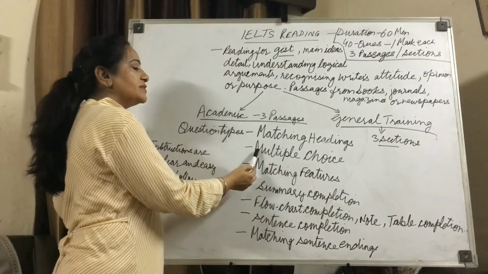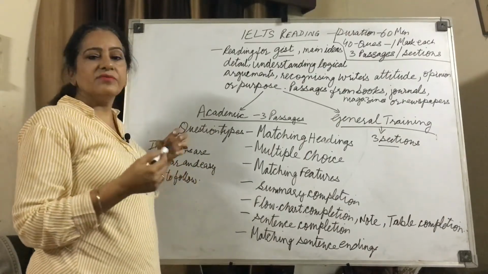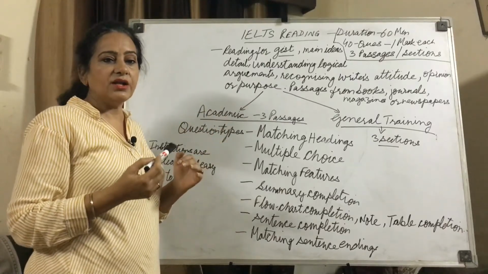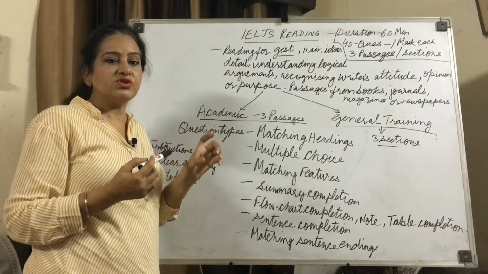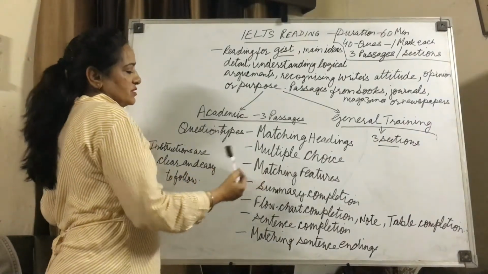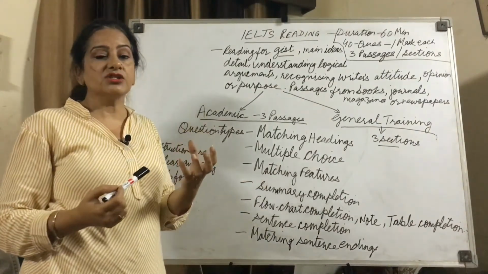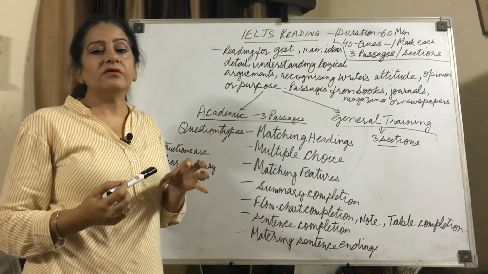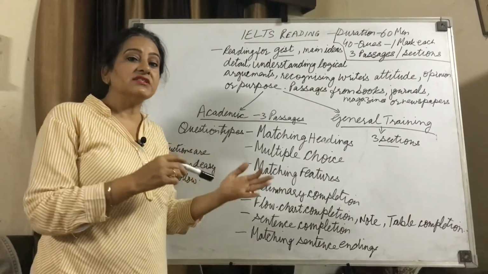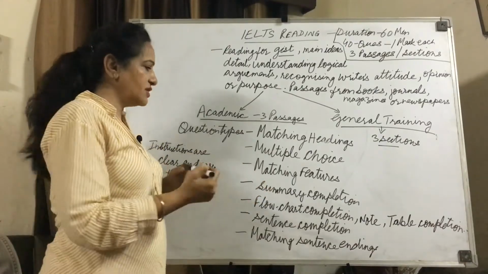Then there are multiple choice questions. These are MCQs as in any entrance exam, and you have to answer the exact question which they are asking. Then there are matching features, where they can ask you that in a particular passage some feature is given, and this feature is presented in which passage, and you have to answer accordingly.